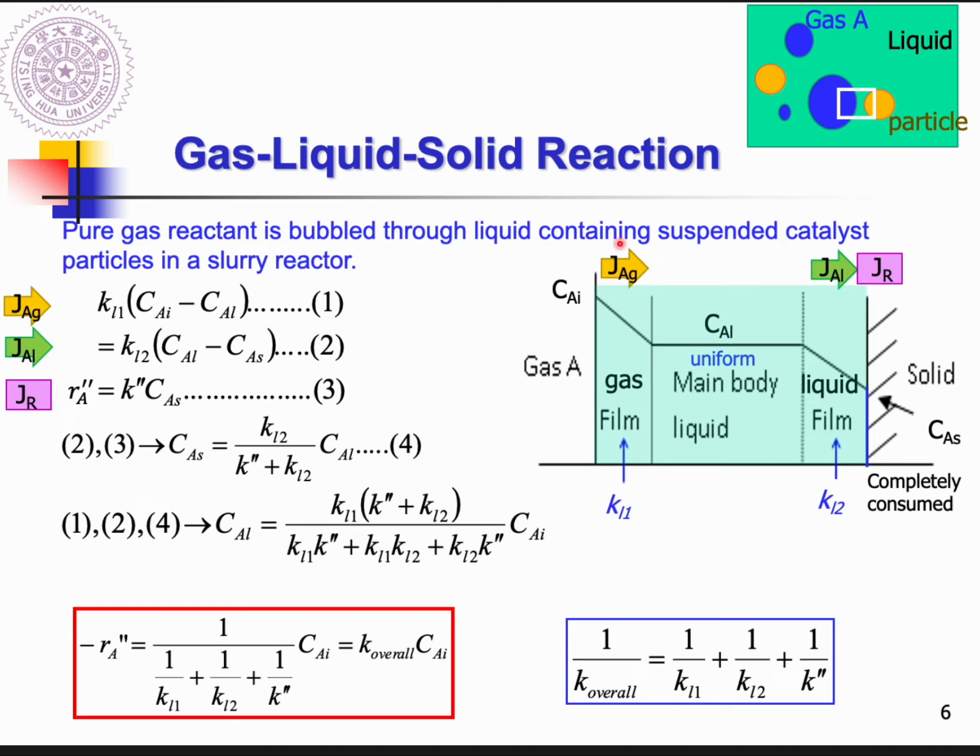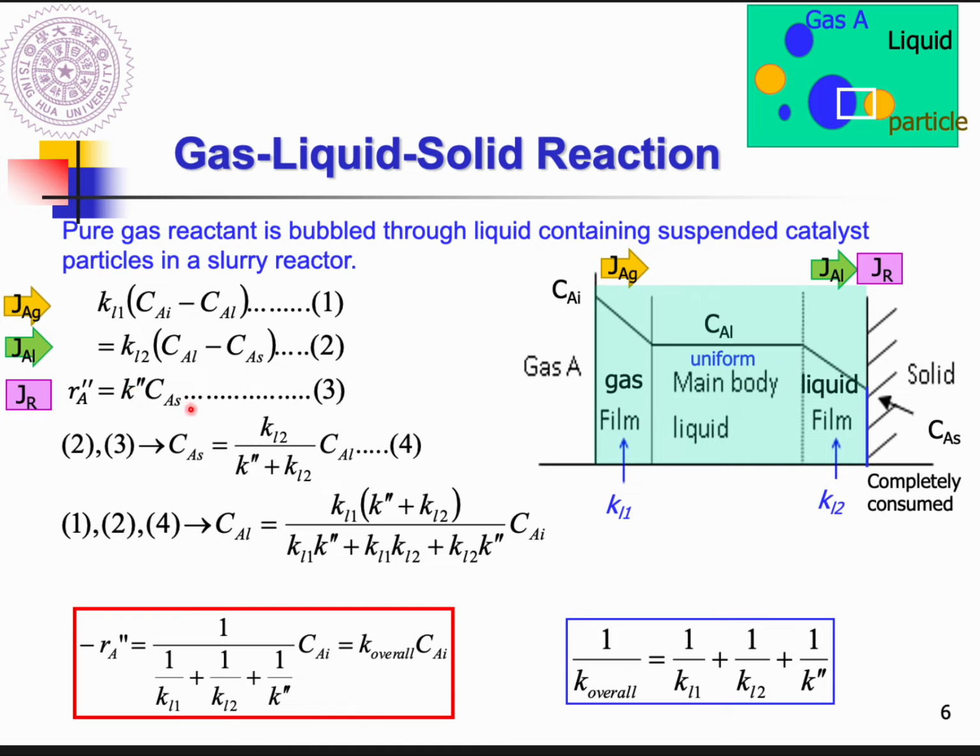So now we try to formulate JAG. JAG is actually KL1 times CAI minus CAL, and JAL equals KL2 times CAL minus CAS here, and JR is the rate constant times CAS. So these are the same when it reaches steady state.